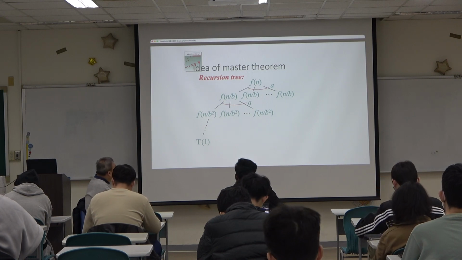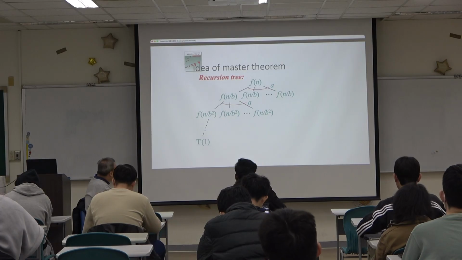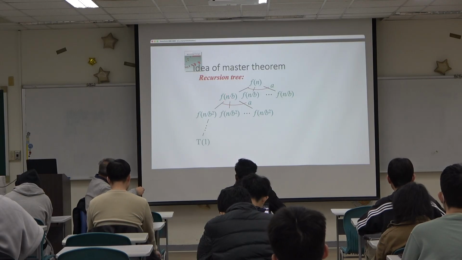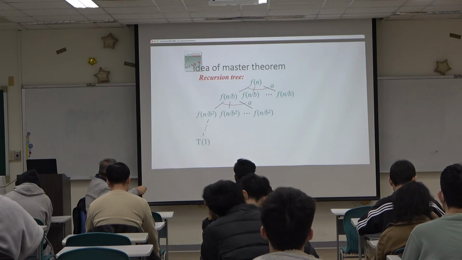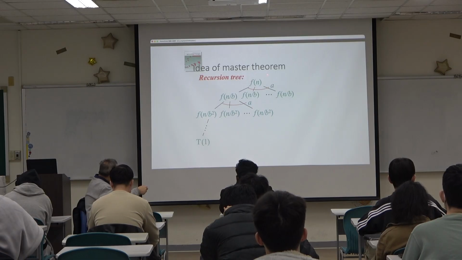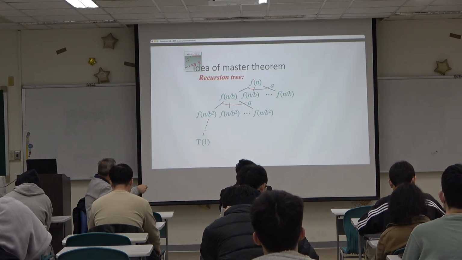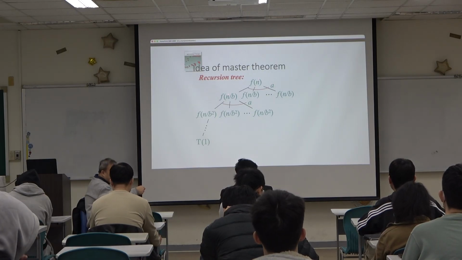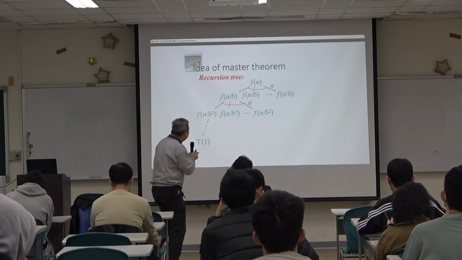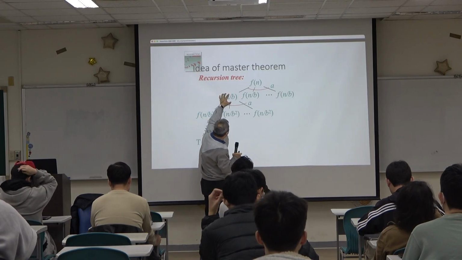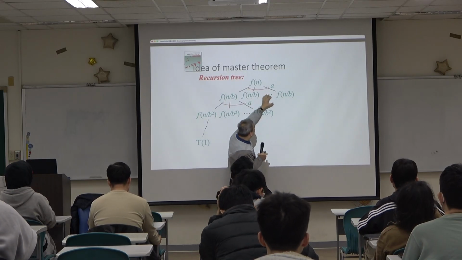How do we get the master theorem? Basically, you try to replace T(n) by f(n) and then expand it into T(n/b), T(n/b), and so on.